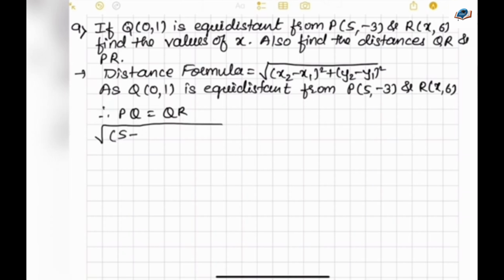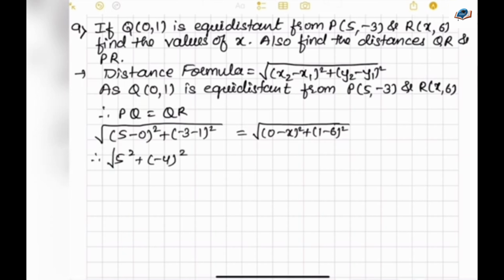So (5 minus 0) whole square plus (-3 minus 1) whole square will be equal to (0 minus x) whole square plus (1 minus 6) whole square.